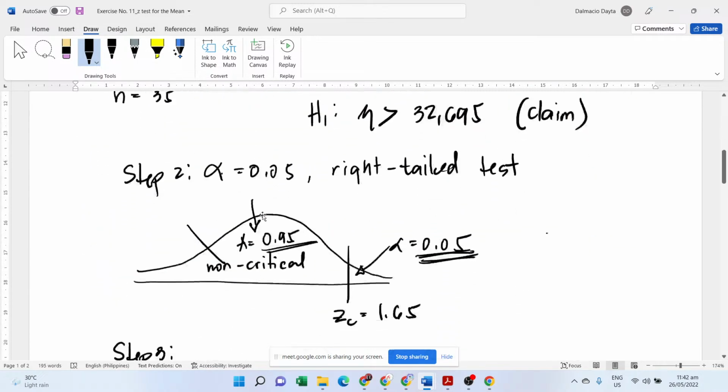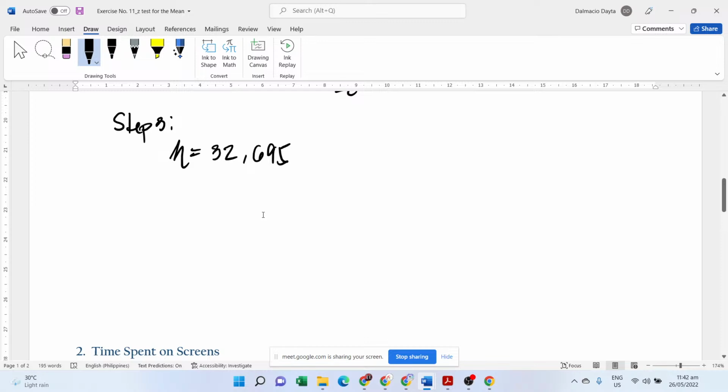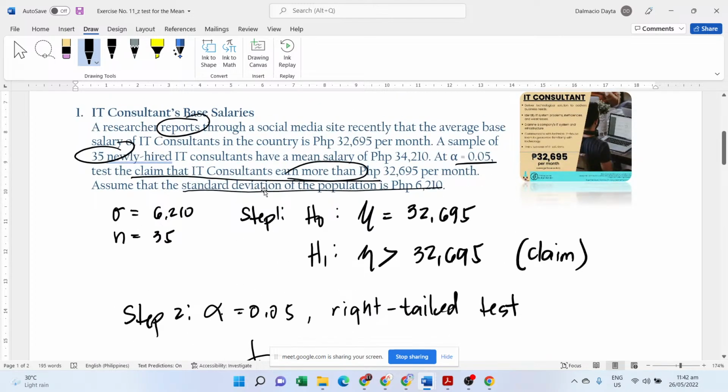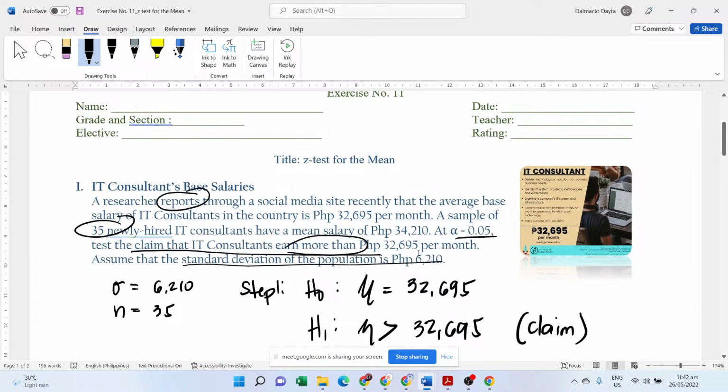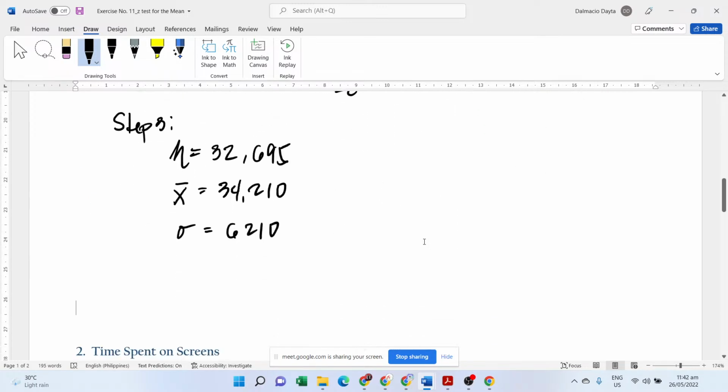That is correct. And also, from a sample of 35, the mean salary is 34,210. The standard deviation is 6,210. Tama ba? Siyempre, importante, you do not miss a single digit from the given info. Yan, tama na. Okay. Another one, n, the sample size is 35.